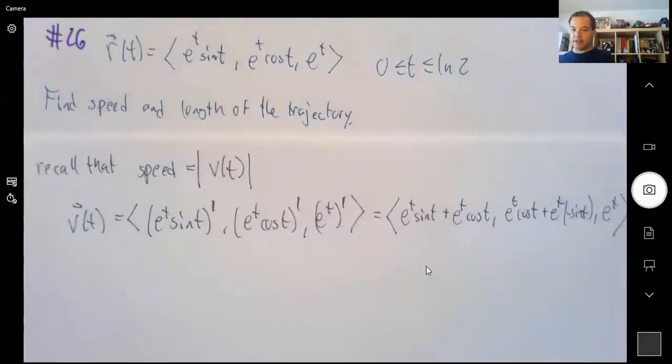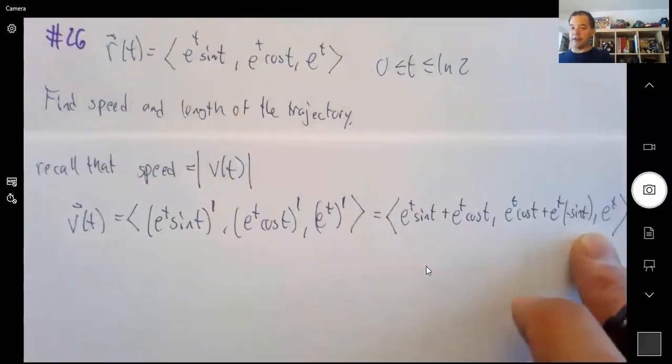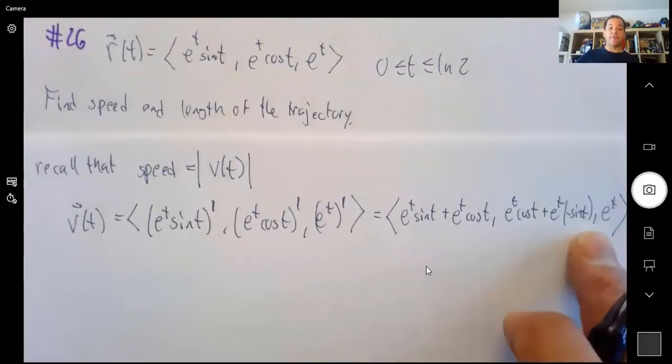Okay, so this over here is the velocity. But the velocity is a vector, right? Remember, it not only tells you how fast you're going, it tells you in which direction you're going. Remember all the animations I showed you in the last couple of classes.